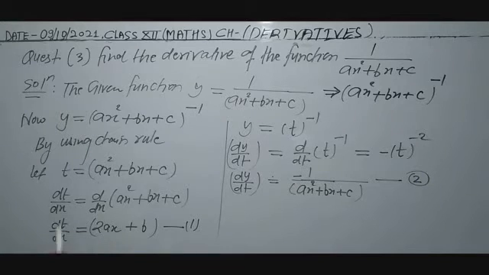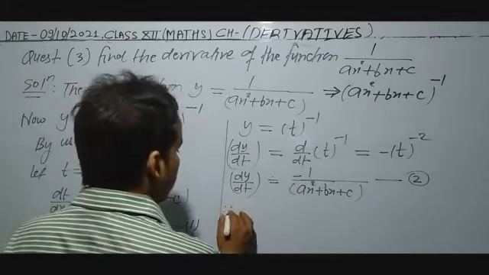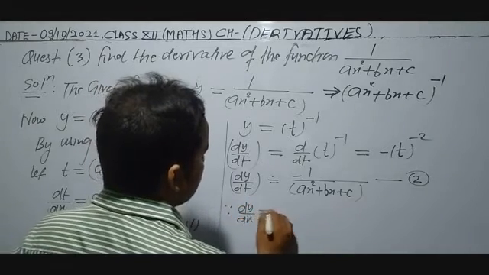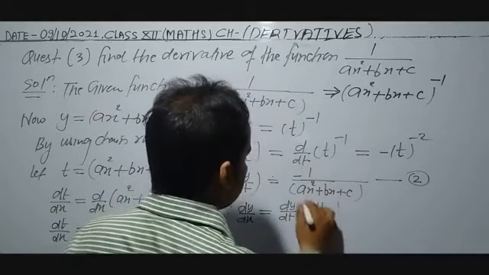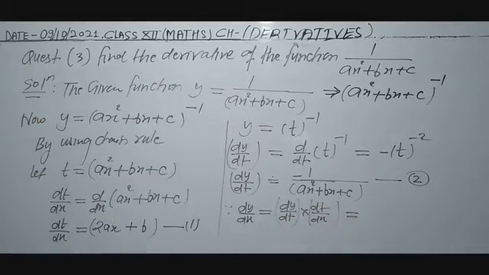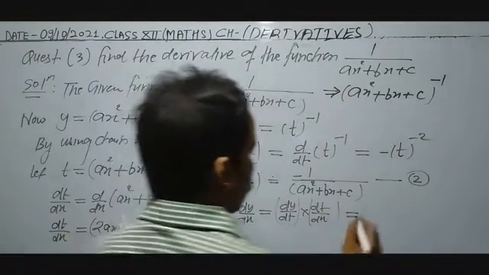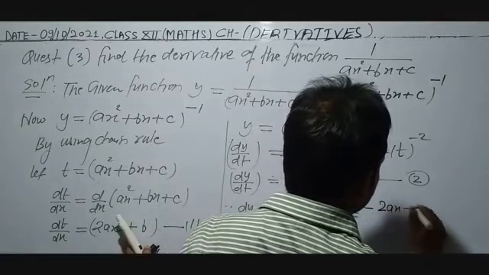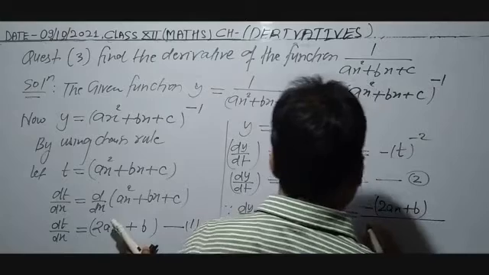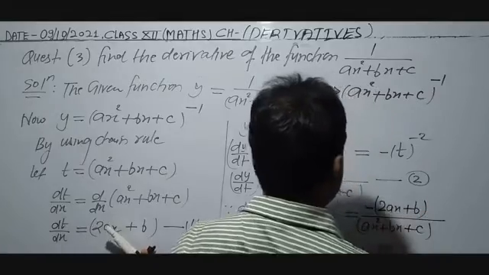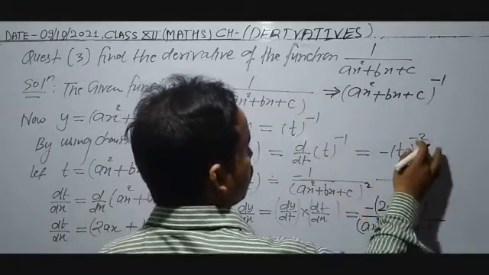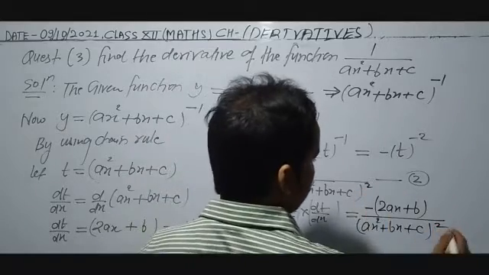Now from equation 1 and 2, when you multiply, since dy by dx we can write as dy by dt into dt by dx, the result will be minus 2ax plus b, whole upon ax square plus bx plus c whole square.